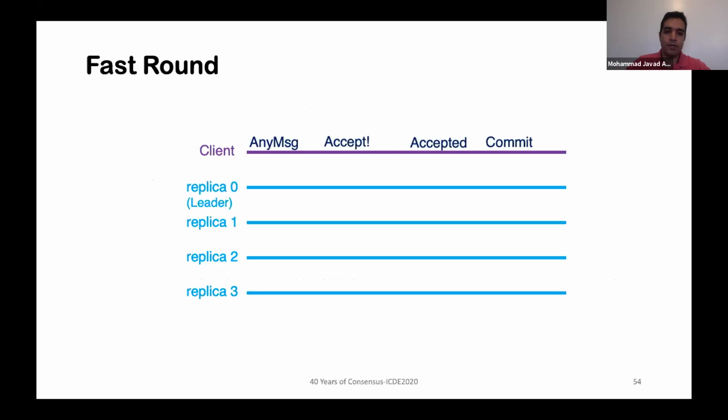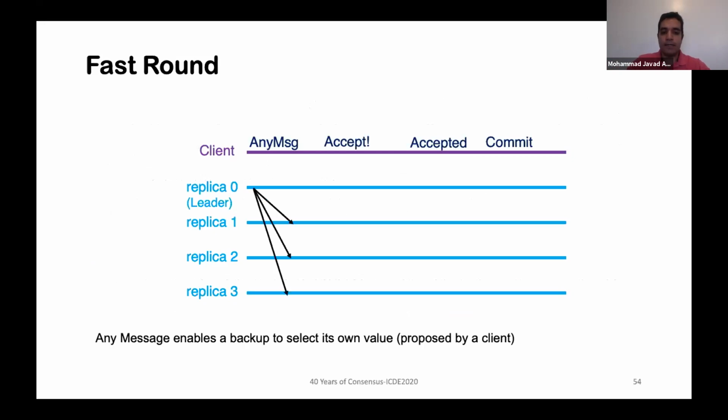So how does it work? If the leader has no value to propose, it sends a message called any message to all replicas, and this enables them to select their own value, the values that are coming from the clients. So it is not a phase of the fast round. The fast round starts from here.